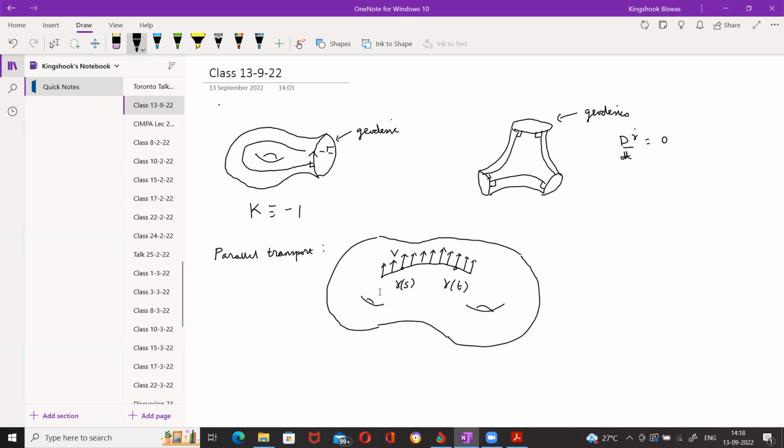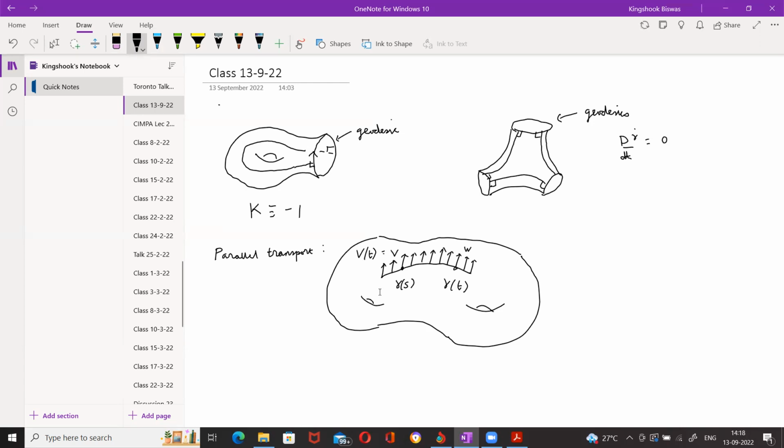And then what the parallel transport isomorphism does is it takes the vector v at gamma(s), you take the unique parallel vector field whose value at s is equal to v, and then just look at its value at gamma(t), right? Capital V is the unique parallel vector field whose value at s is equal to v.